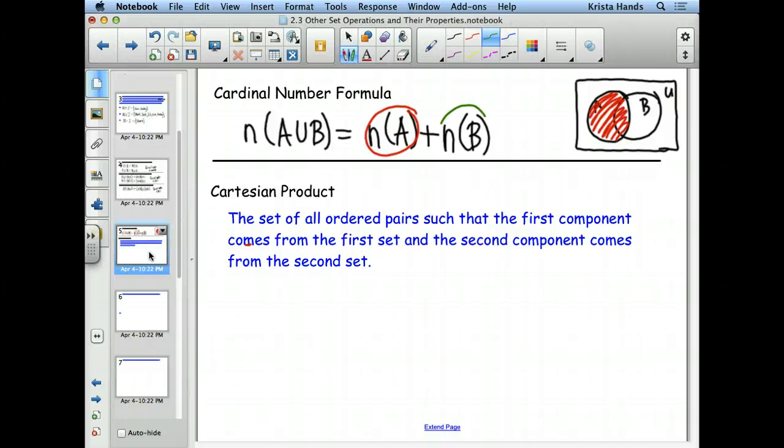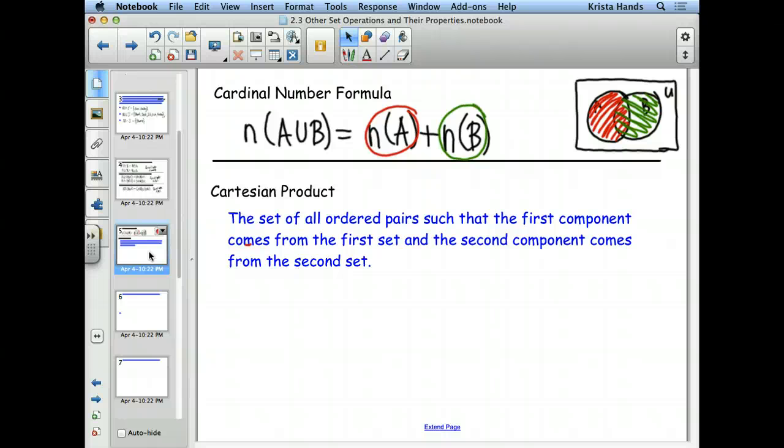If I shade everything in set B, it would look like this. Right? The problem is what? They overlap. I double shaded a portion of this, right? So if I counted everything in circle A, and I counted everything in circle B, then the things in the overlap got counted twice, didn't they?